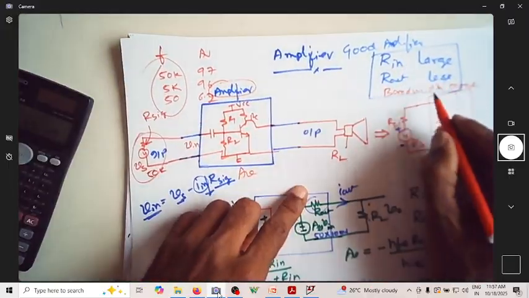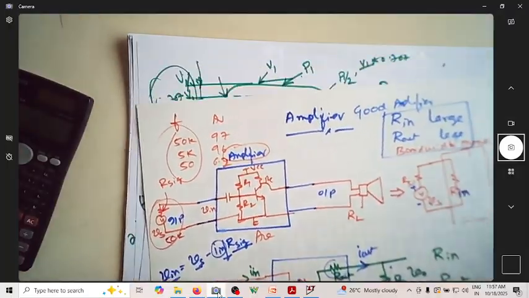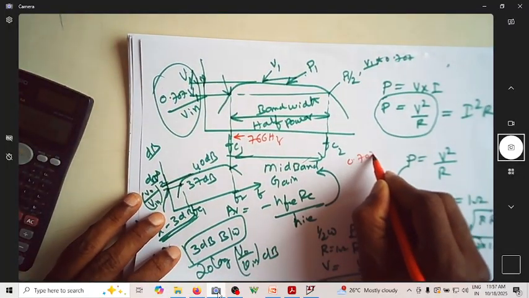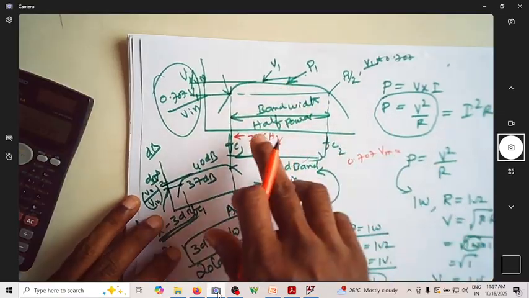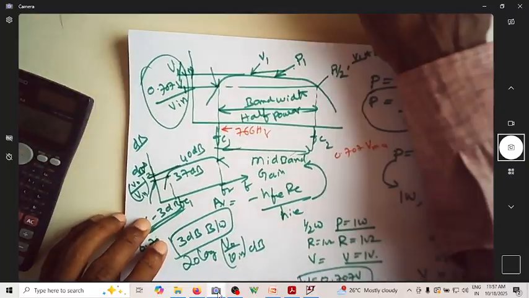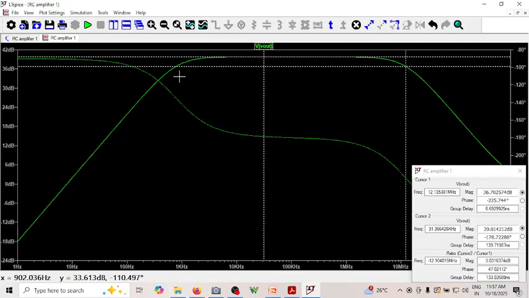While finding the bandwidth, we try to identify where it is half power bandwidth, which is nothing but 0.707 times the voltage at the maximum point. Which is nothing but 3 dB if you measure in terms of dBs. That's why we got it as 3 dB down here.